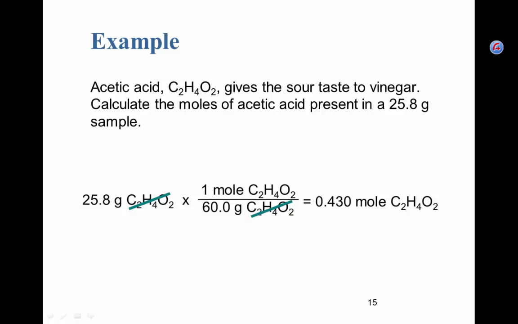I take 25.8 times 1 divided by 60. I have 3 significant figures here and 3 here. So to go from grams to moles, I'm dividing by my molar mass.